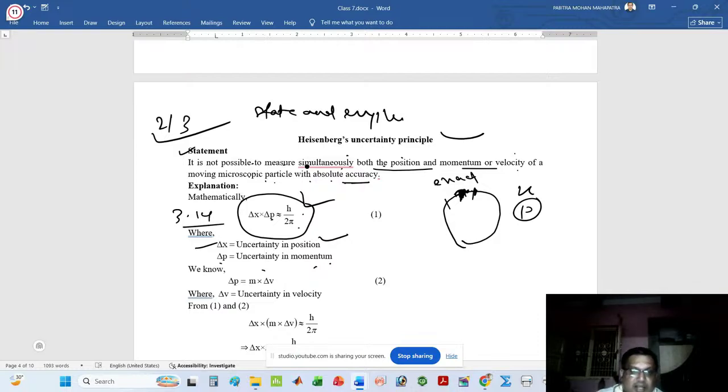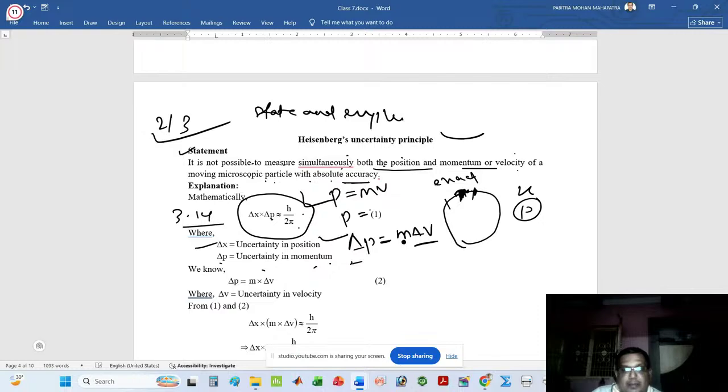Here we can say that p is the momentum, but del p is the uncertainty in momentum. When you think about p, it is generally mv. But when you think about del p, then you can say that it is m del v.